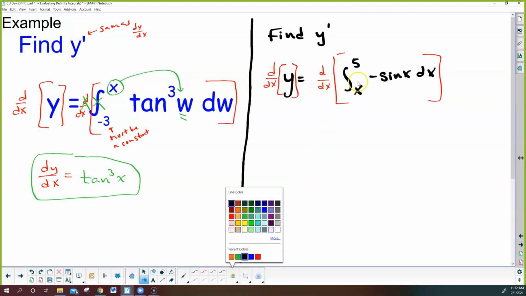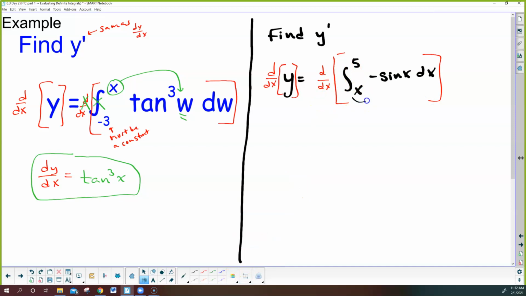Okay? But let's say that I didn't want to do that and I just wanted to evaluate this first. Well, you're going to notice one thing here. Notice how that x is on the bottom. We don't really want that, but if I did it this way, watch what happens. If I took the antiderivative, whose derivative gives me negative sine? It's cosine.